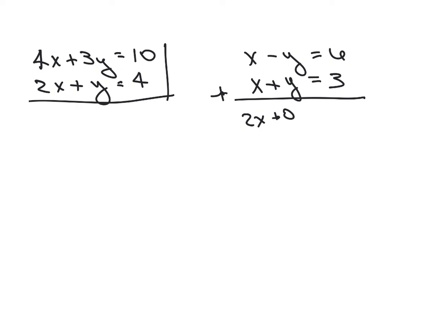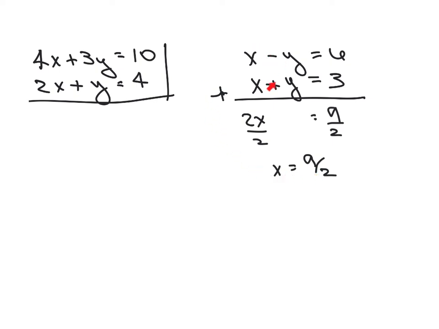So I don't even have to show that because it's 0. And that equals 6 plus 3 is 9. Then I'm going to divide both sides, and I get x equals 9 over 2. So that's my x value that makes both of these work. That's the place where I cross, where x is 9/2, but I haven't found the y yet.